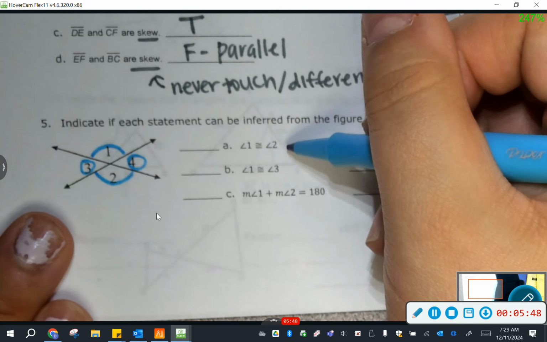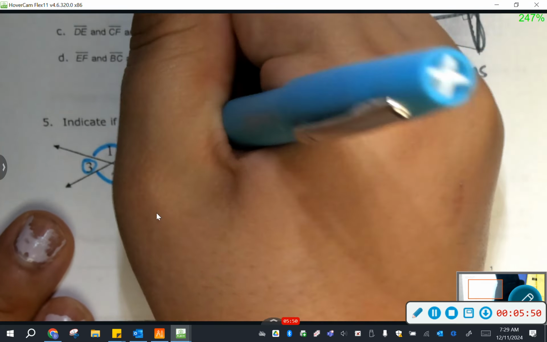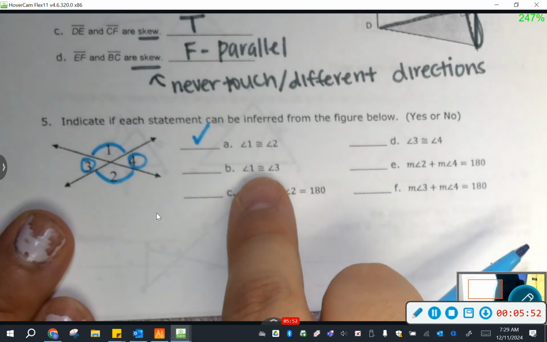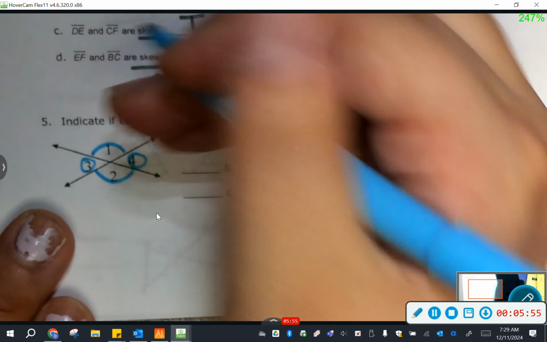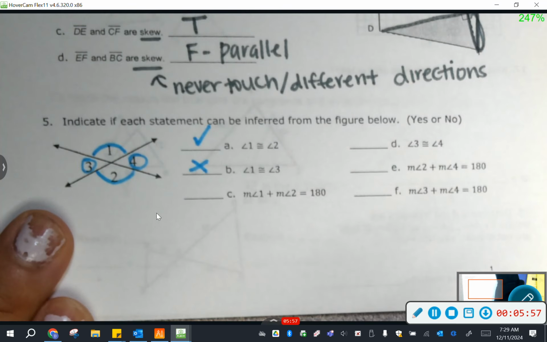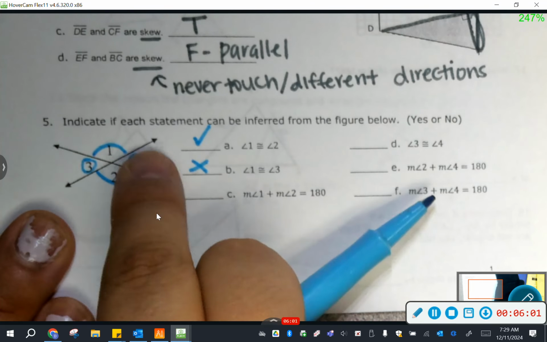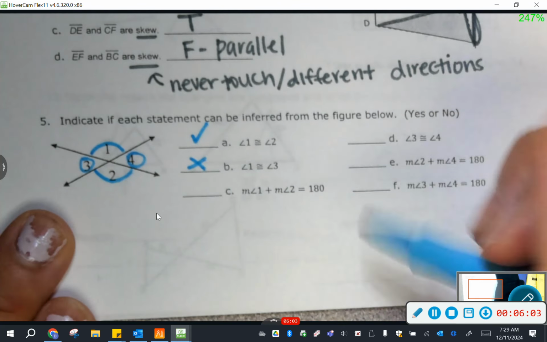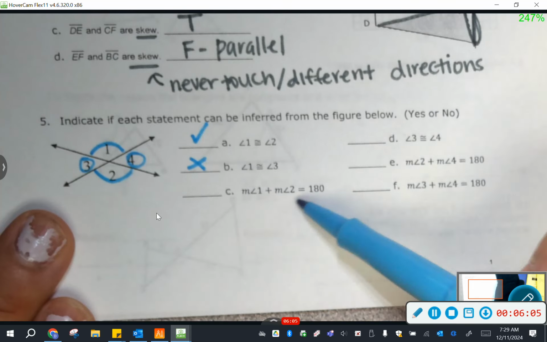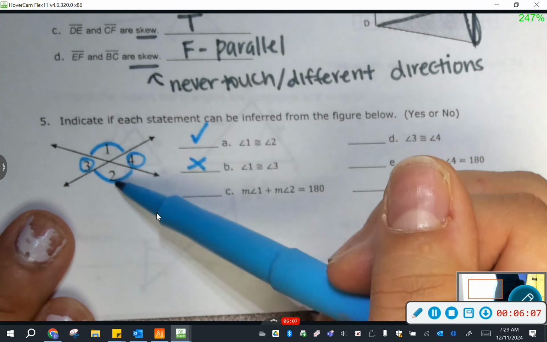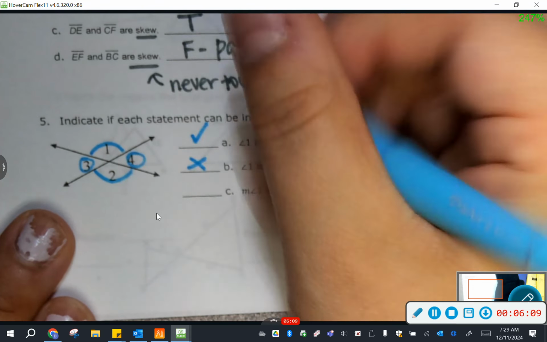So, is 1 congruent to 3? No. Now, do you also agree the ones next to each other are going to equal 180? So if they're next to each other, they'll equal 180. Are 2 and 3 next to each other? No.